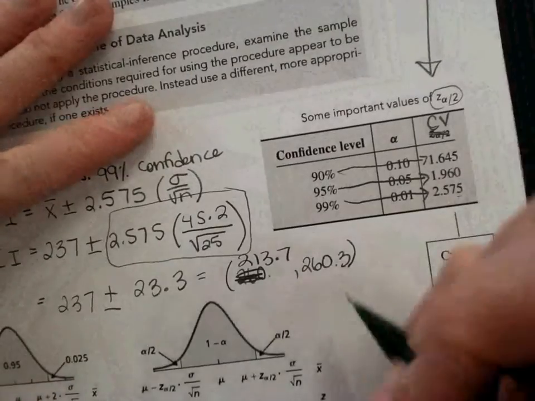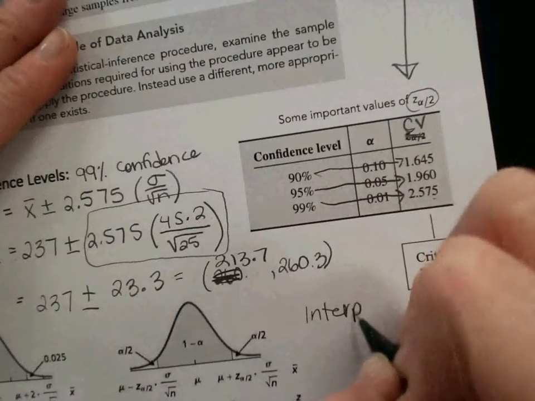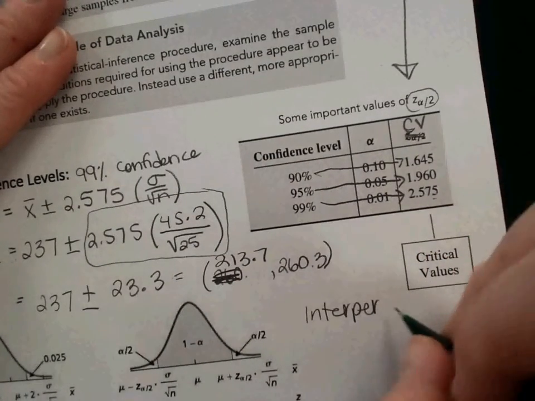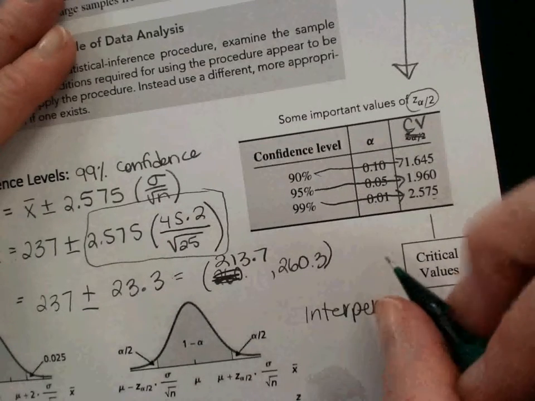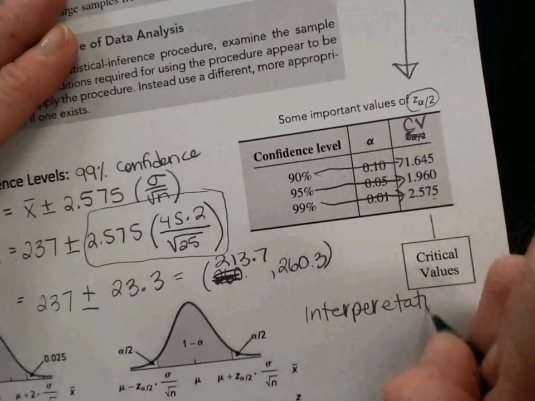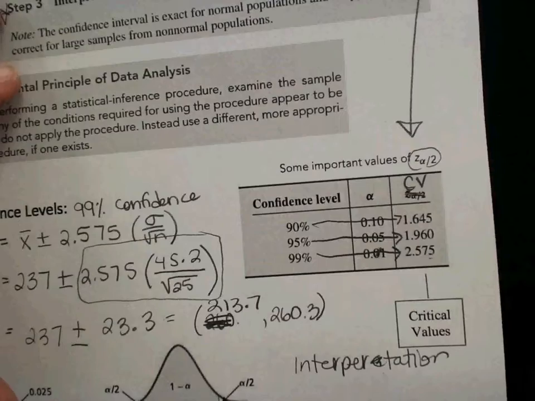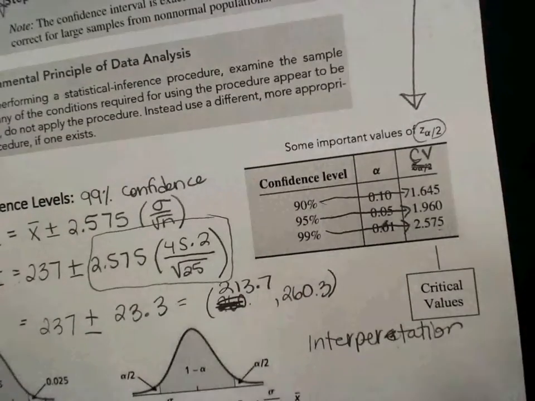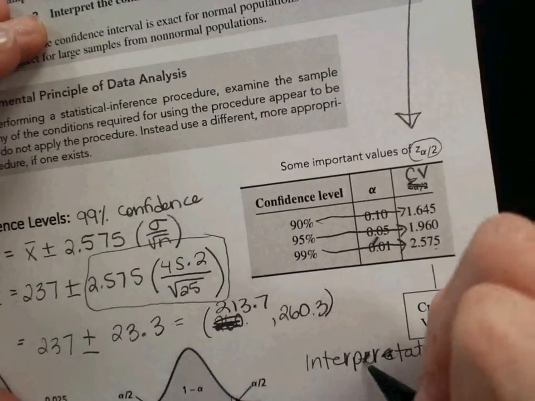So the interpretation is, it's not that hard. It's this E. There we go.